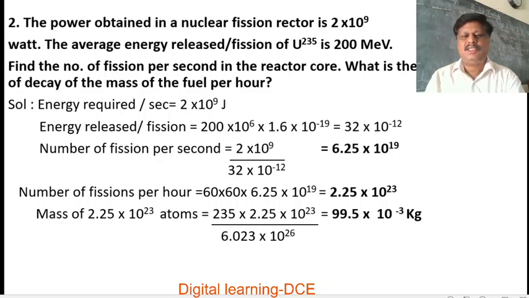Mass of 2.25 into 10 to the power of 23 atoms is equal to 235 into 2.25 into 10 power 23 over Avogadro number 6.023 into 10 power 26, which gives rise to 99.5 into 10 power minus 3 kg. So this is the mass of the fuel required per hour in this reactor.